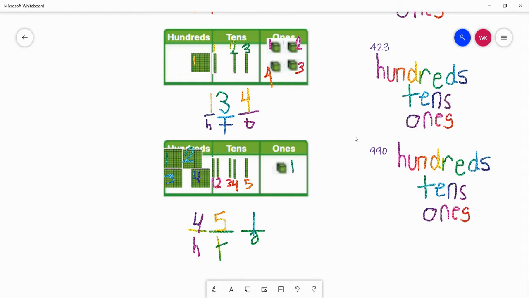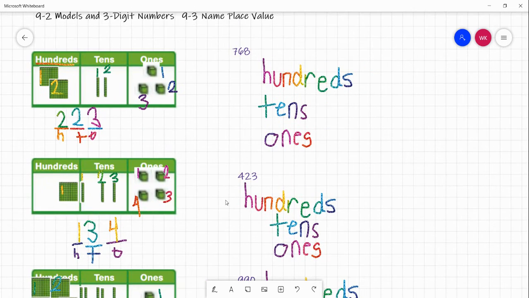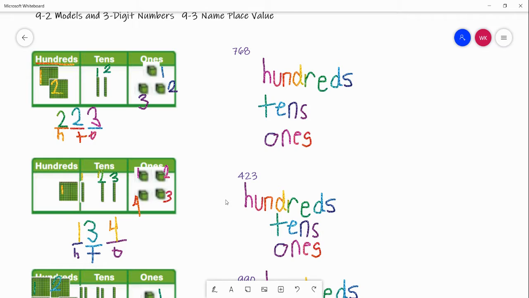Let's go over to our numbers now that don't have these models to be able to write this down. So let's look, we have 768. That is my number for you guys. So let's see, how many hundreds do we have in the number 768? It kind of gives you a clue if you don't know.